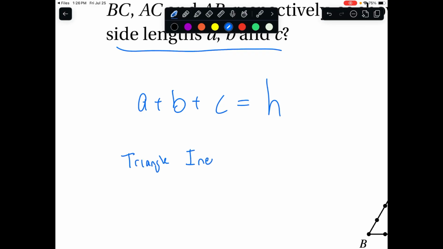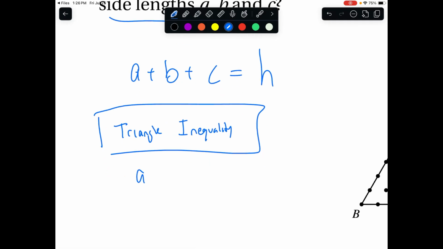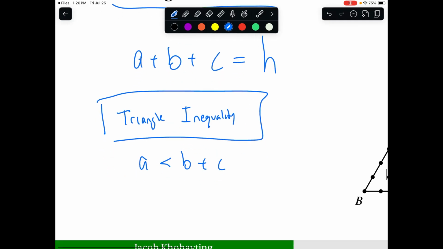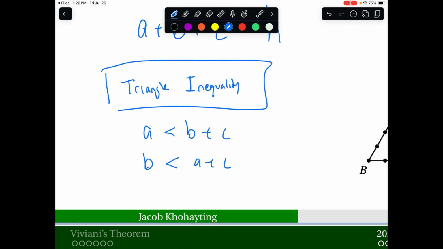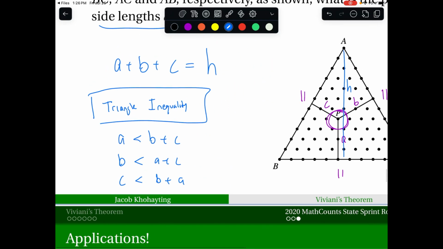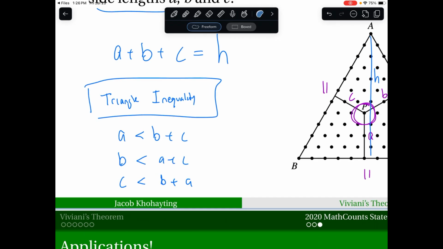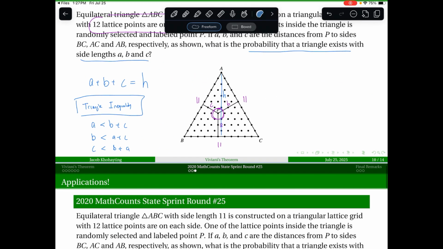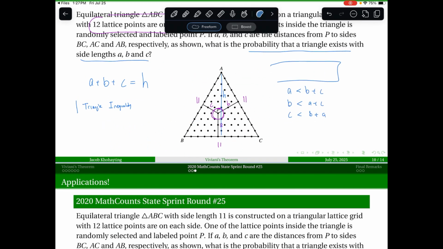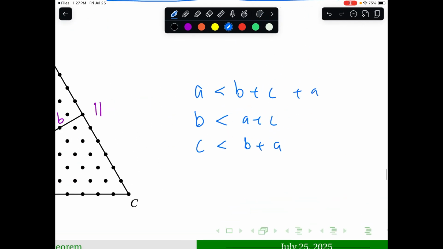What this implies for us is that A has to be less than B plus C, B is less than A plus C, and C is less than B plus A. So now I am going to add A to this side here, B to this side, and C here.